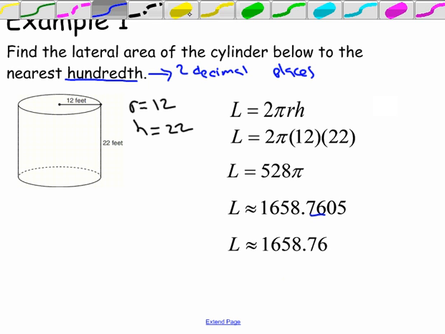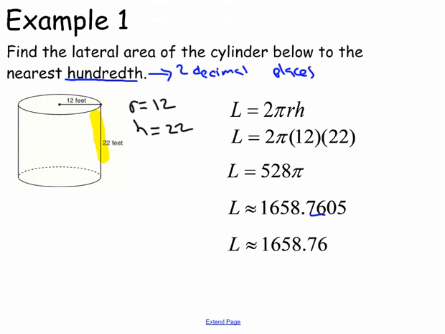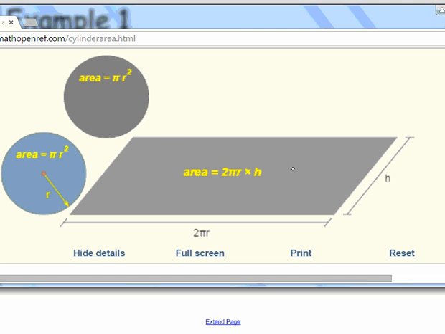So the lateral area is just the rectangle part, just this part over here, not including the area of those circles. That's what lateral area is for a cylinder. The surface area for the cylinder would have been the lateral area plus the area of the 2 circles. That would have been the total surface area of the cylinder.